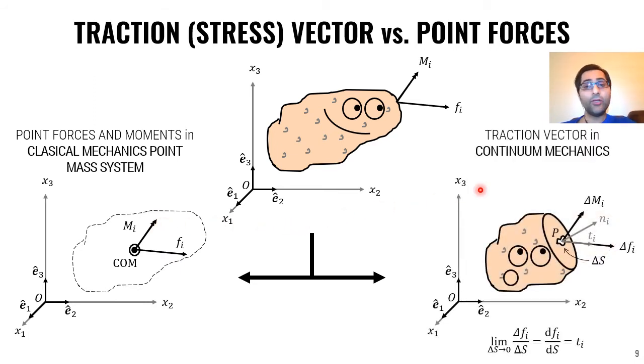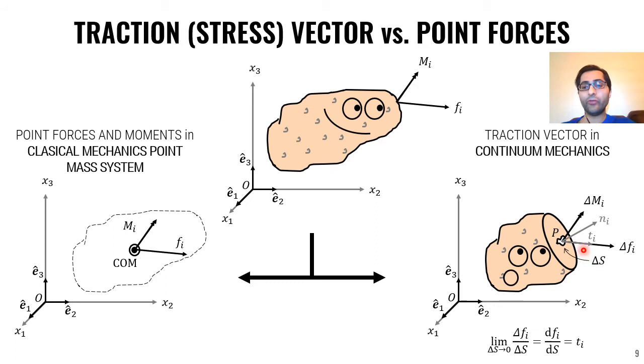But in continuum mechanics, we define traction vectors. We can cut a plane, an arbitrary plane, anywhere at any point, and project the resultant force and the resultant moment resulted from those surface or body forces to that point, and define a traction vector.